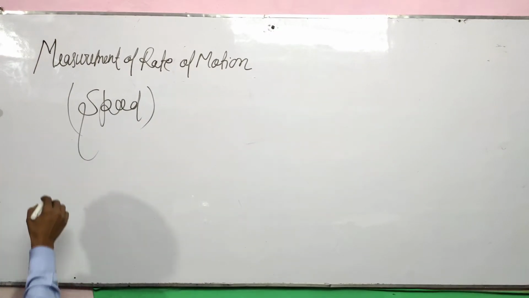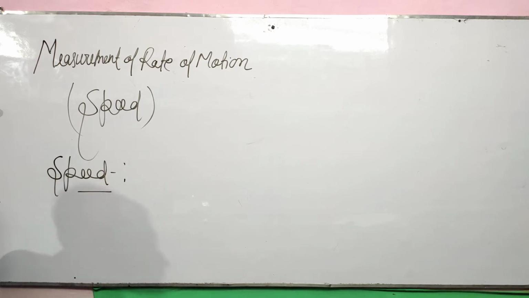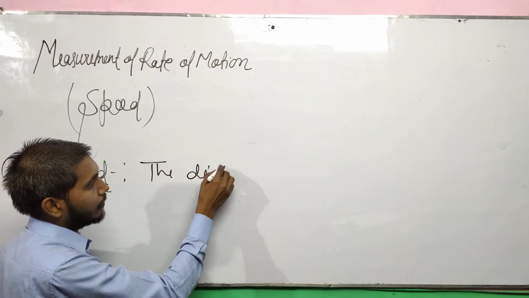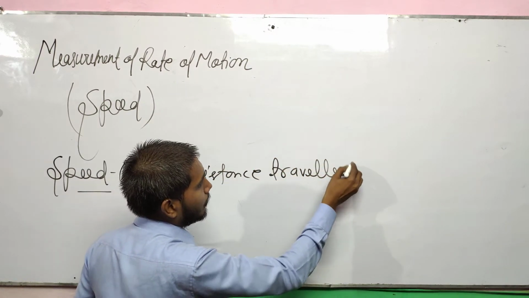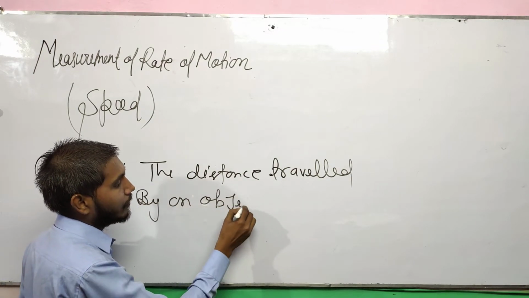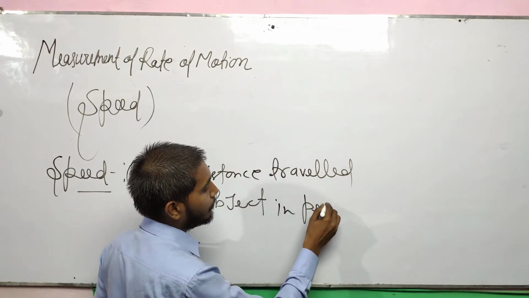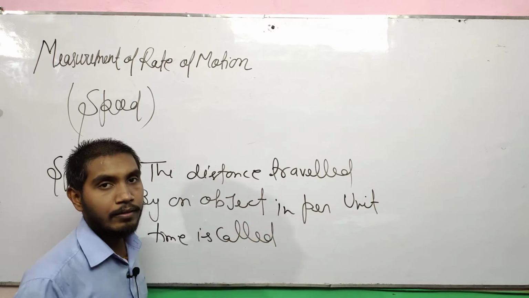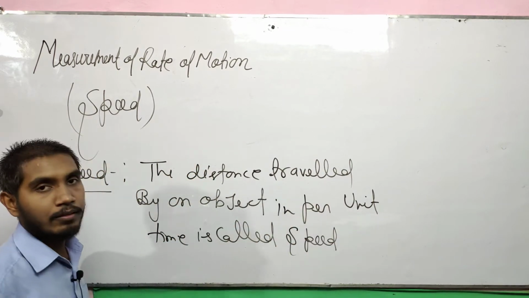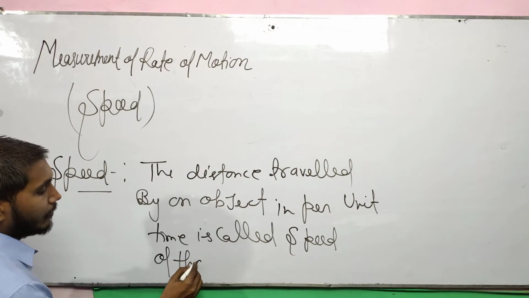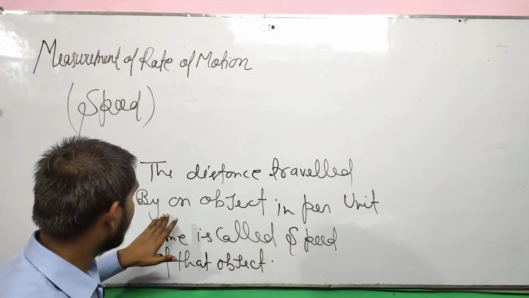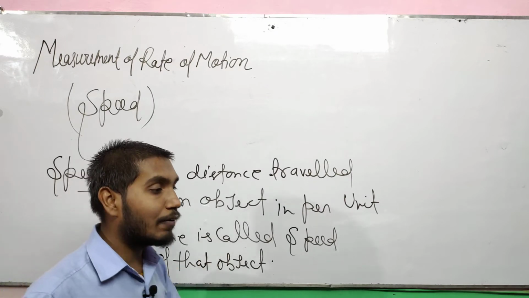What is speed? The distance traveled by an object in per unit time is called speed of that object.